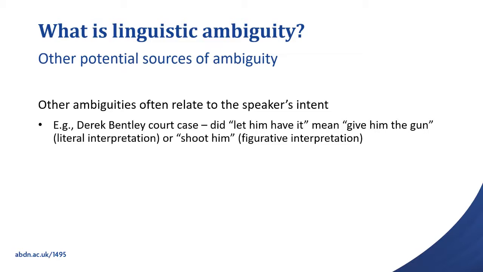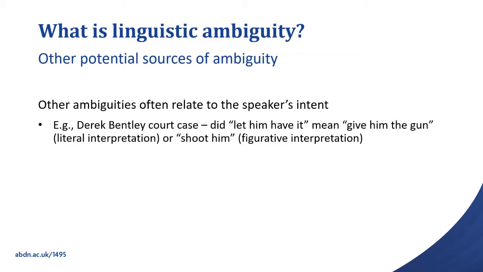The debate around this phrase, "let him have it," boils down to ambiguity about what the speaker's intent was. Did he mean let him have it in the sense of give him the gun? In which case he wasn't to blame for the shooting because that wasn't his intention for the police officer to be shot. Or did he mean shoot him?